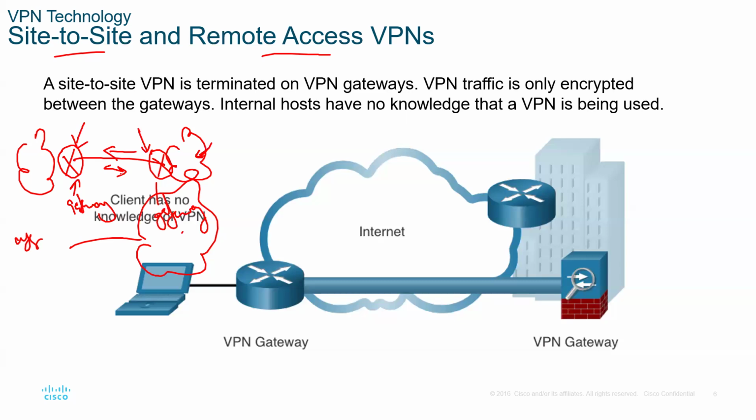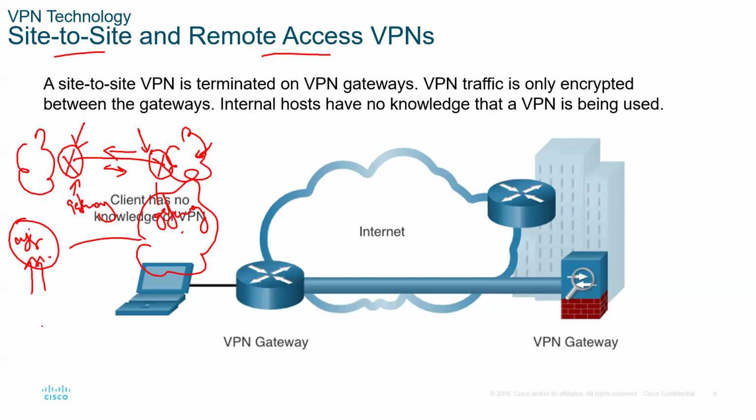On the contrary, looking at this user, they have knowledge that they are using a VPN, because they're usually accessing it via the web or there's VPN software already installed on the user so that they can access my resources via VPN. So, the main difference: if I'm connecting two networks, then probably the type of VPN I'll use is site-to-site.